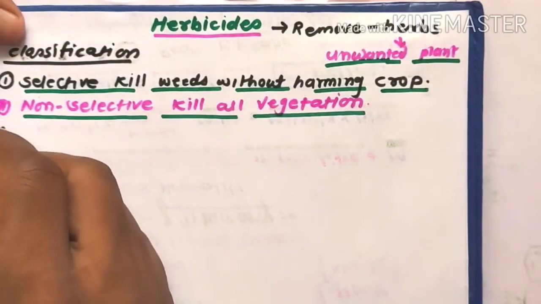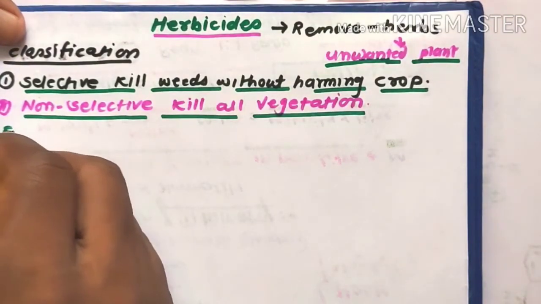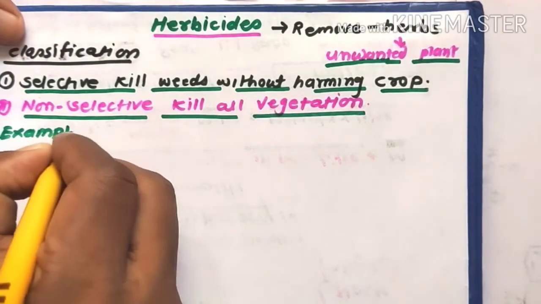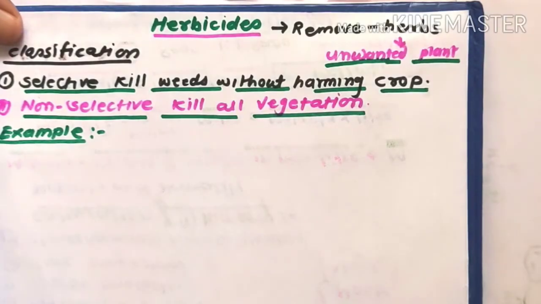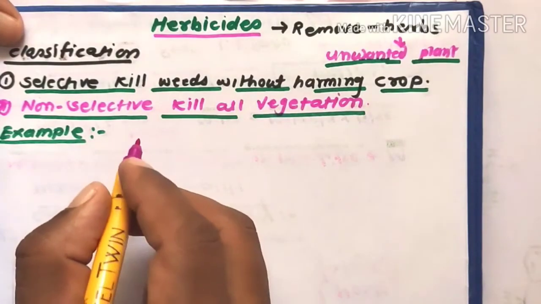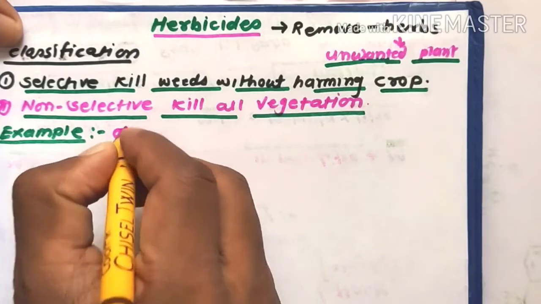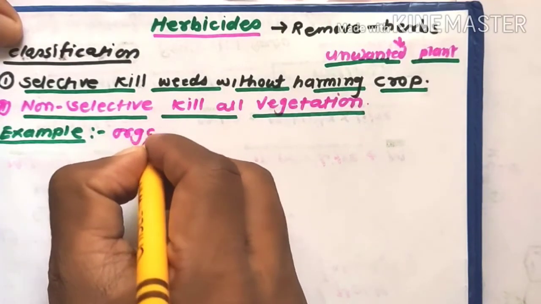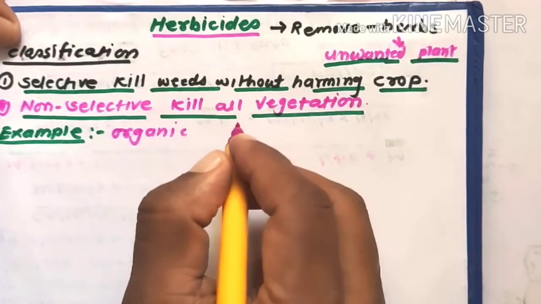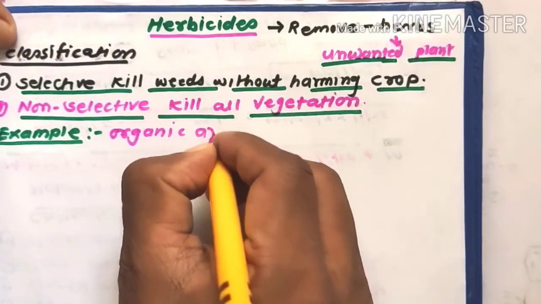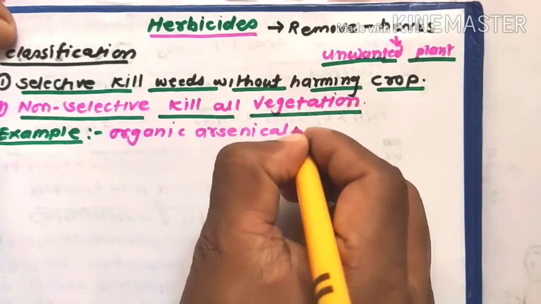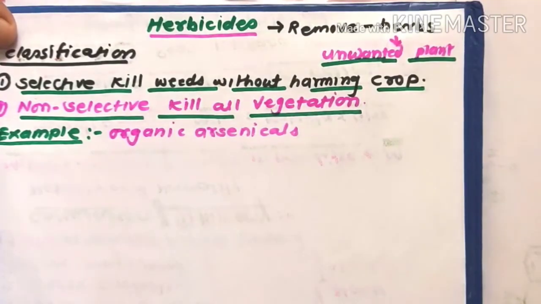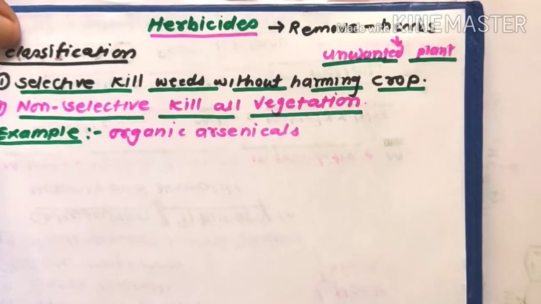Then examples of herbicides which are used as main chemical components to control the herbs. The first chemical component is organic arsenicals. These are chemical components used to control herbs.